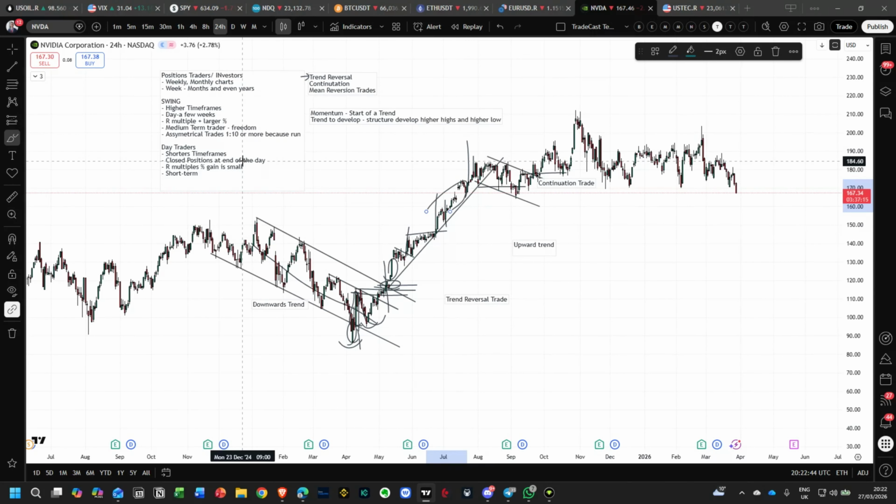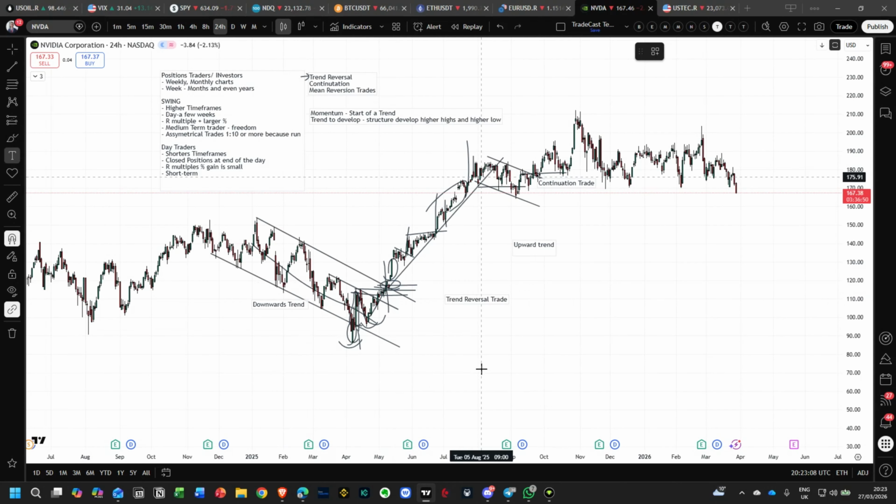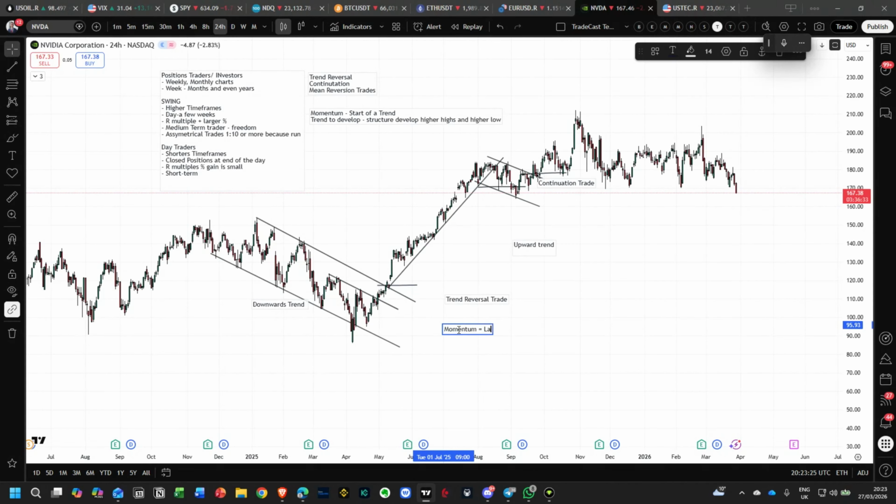The importance of momentum is that when momentum shifts, we then have the start of a new trend. So in this instance, we had the initial shift here, the higher low, the continued momentum, and then the breakout, which led us into a trend. Okay, so we have to make a note that momentum is the start of a trend, and typically it's shown by a large candle shifting direction.